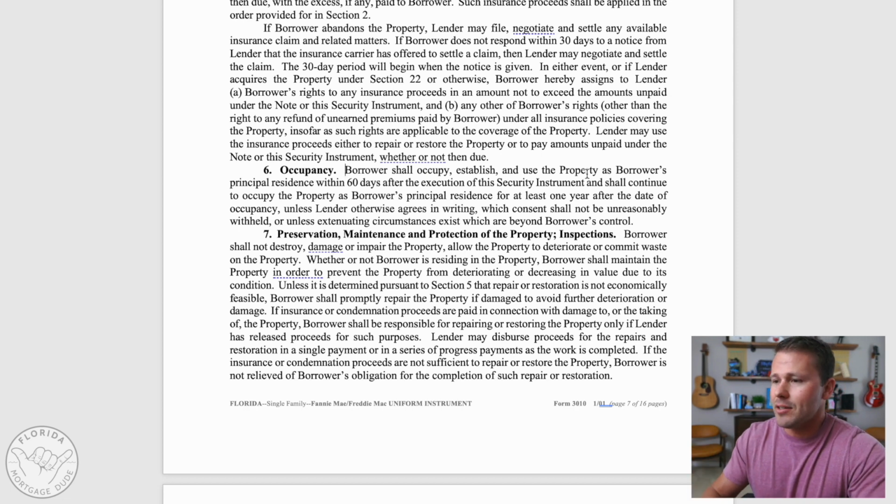Now this goes on to say the borrower must occupy the property for at least 1 year unless lender otherwise agrees in writing, which consent shall not be unreasonably withheld, or unless extenuating circumstances exist which are beyond the borrower's control.